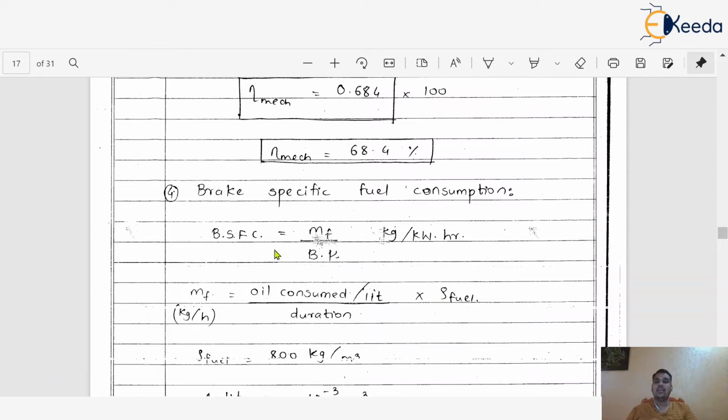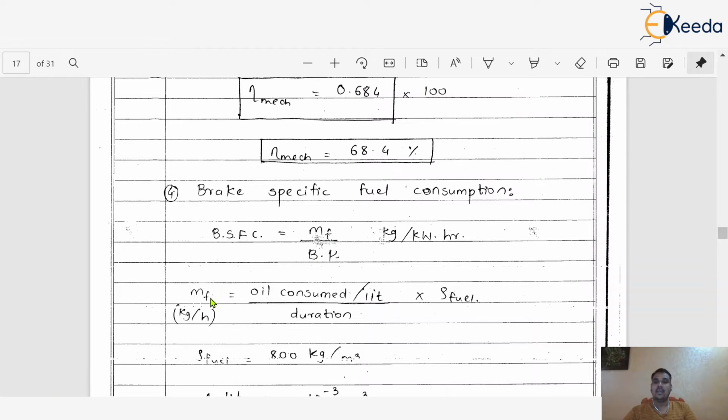In this case, the formula of BSFC is mass of fuel divided by brake power. We have already calculated the value of brake power. We don't know the value of the mass of fuel, so how can we calculate the mass of fuel?